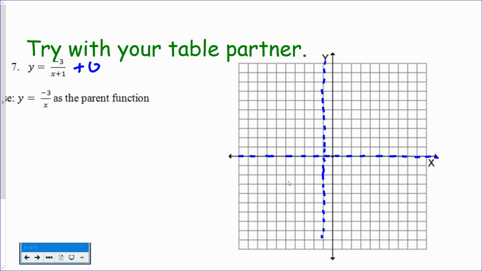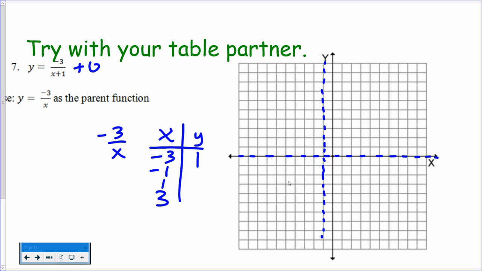And then if I use -3 over x, I would plug in -3 and +3, -1 and +1. So -3 divided by -3 is +1, -3 divided by -1 is +3, and then I have -3 and -1. So it's reflected and stretched. It's going to flip what quadrant it's in. And there we go.